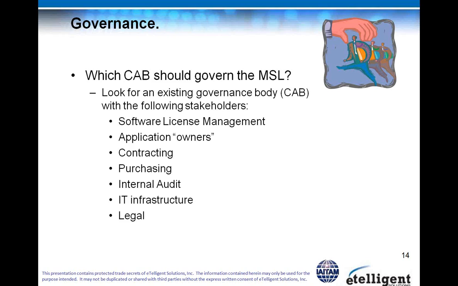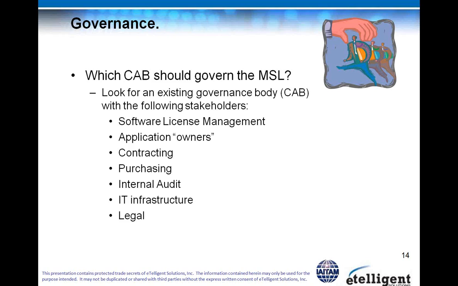Otherwise, you'll have to go out and try to bring these stakeholders together in some sort of governing body so that whenever a decision is to be made as to what goes on the MSL, what comes off the MSL, that these positions are all consulted in that decision and have a say in that decision.